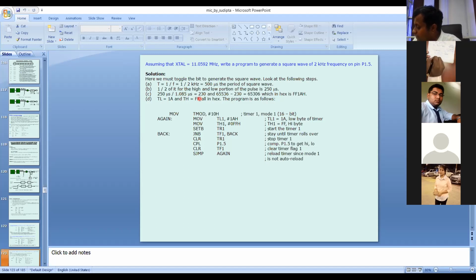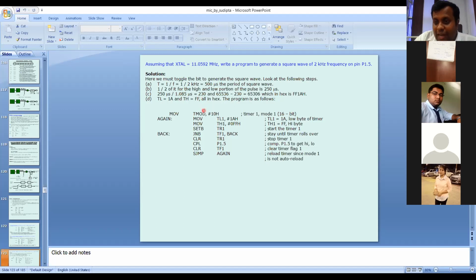For 250 microseconds, how many machine cycles are required? 250 by 1.085, the microseconds cancel, and the result is 230. Is it clear to all of you? Yes, sir. So 230.